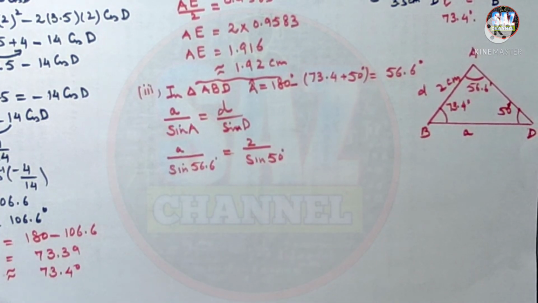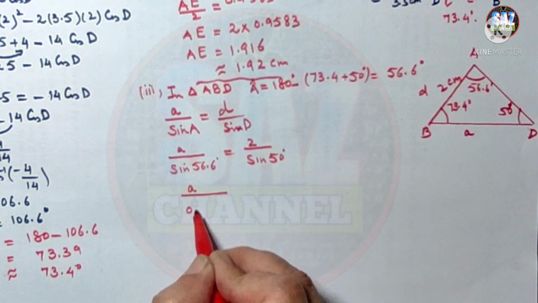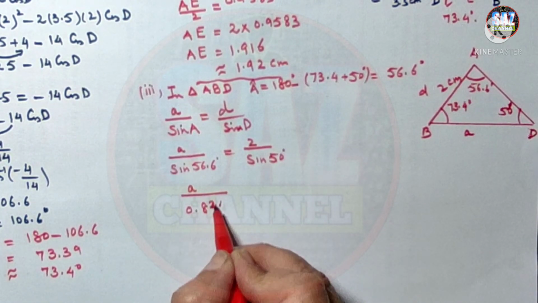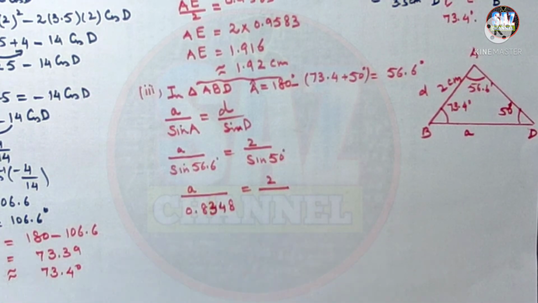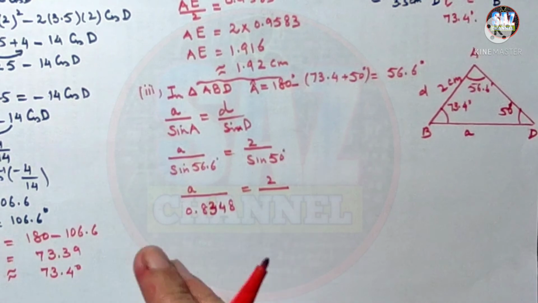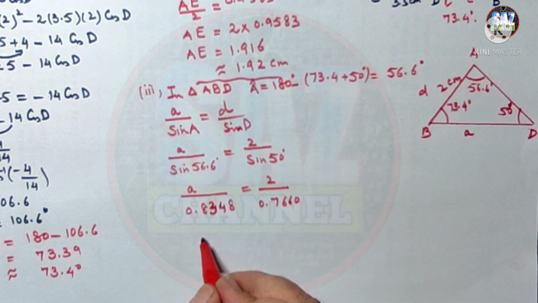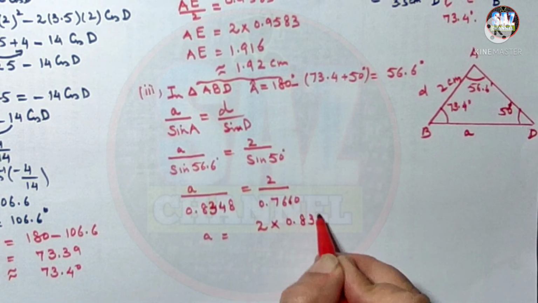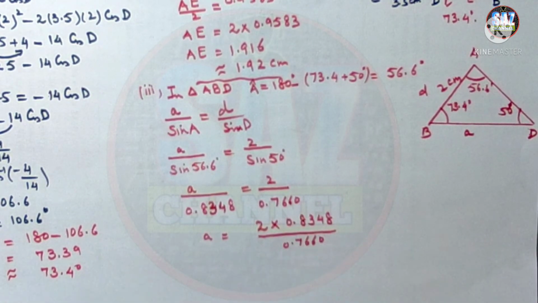Sine 56.6 is 0.8348, and sine 50 degrees is 0.7660. So BD equals 2 times 0.8348 upon 0.7660.